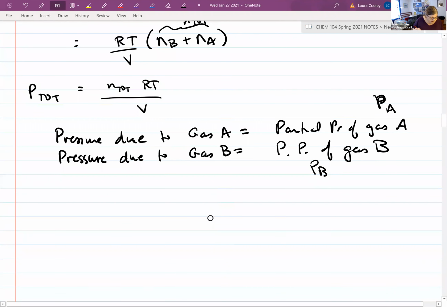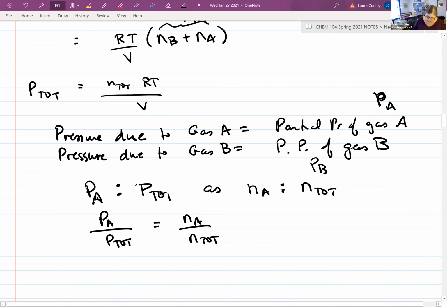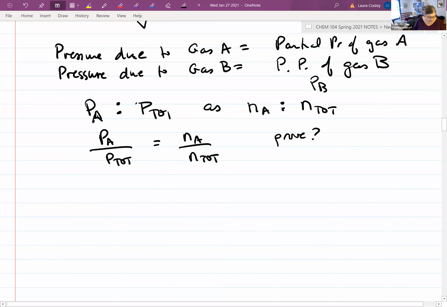So in fact, it's really the moles that determine the partial pressures. We could say that the partial pressure of A, PA, is to P total as NA is to N total. Which means that mathematically you could write that PA over P total is NA over N total. But how can I prove this? I can just assert that, but how do I mathematically prove it?